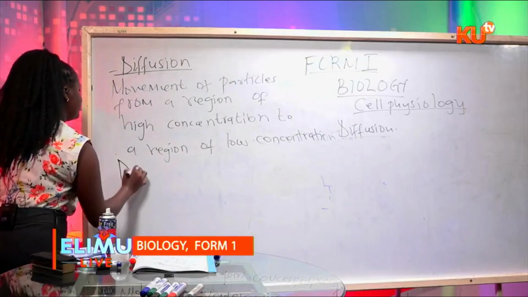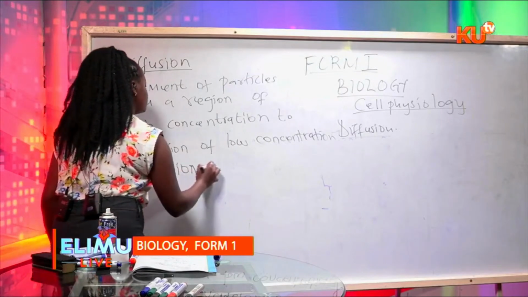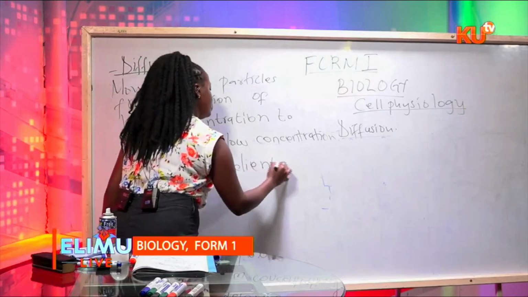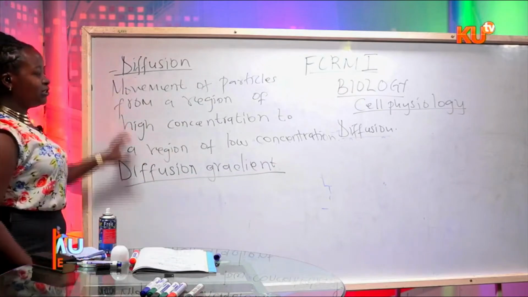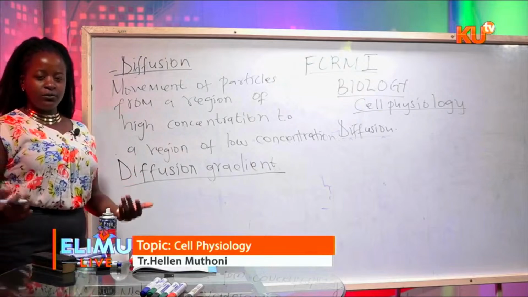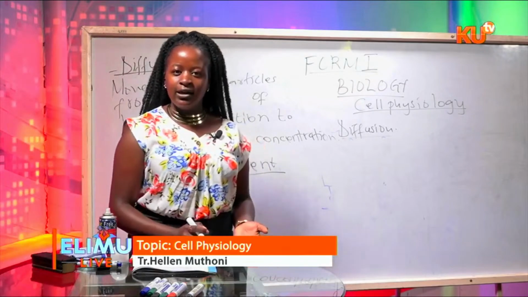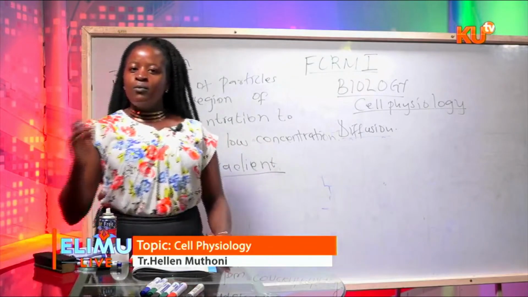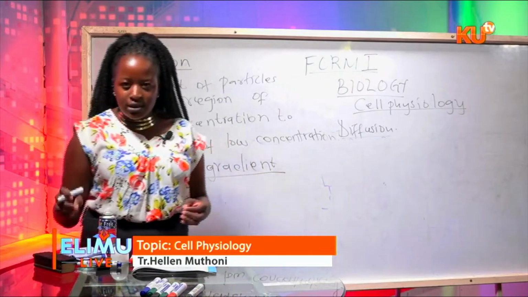Diffusion gradient. From this definition, we find that we have two regions: the region of high concentration and the region of low concentration. When we talk about concentration, we are talking about the amount.